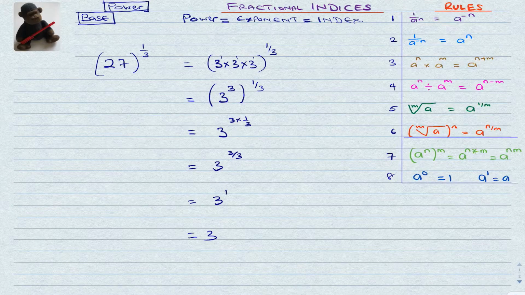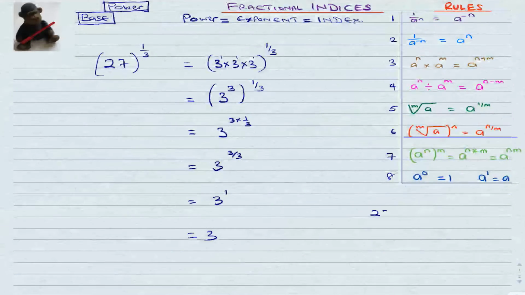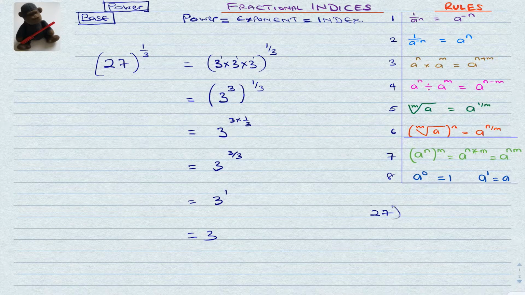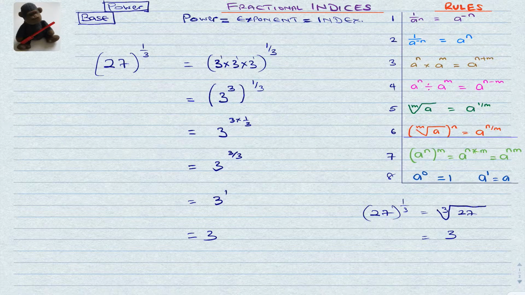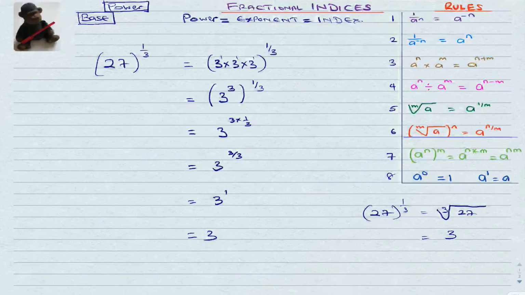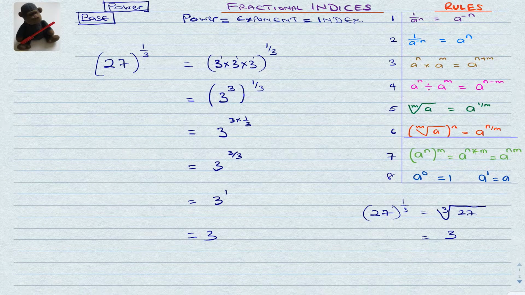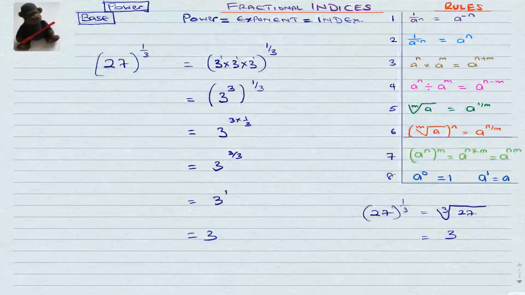Otherwise, you could do it by saying 27 to power 1/3 is the cube root of 27, and the answer is just 3. What we've just done is a proof that this is how you get your 3.